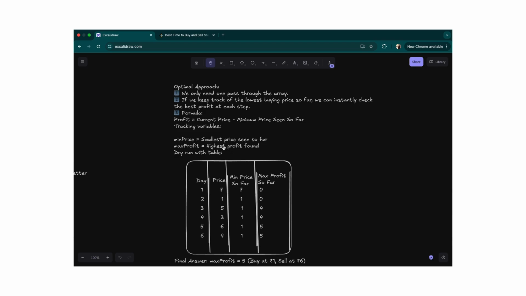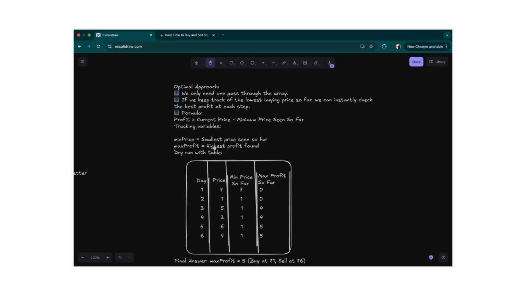What I'm trying to say is basically, if we keep track of the lowest buying price so far, we can instantly check the best profit at each step. That's what I said. And the profit formula will be current price minus the minimum price seen so far. So let's go with an example, and we will dry run that.